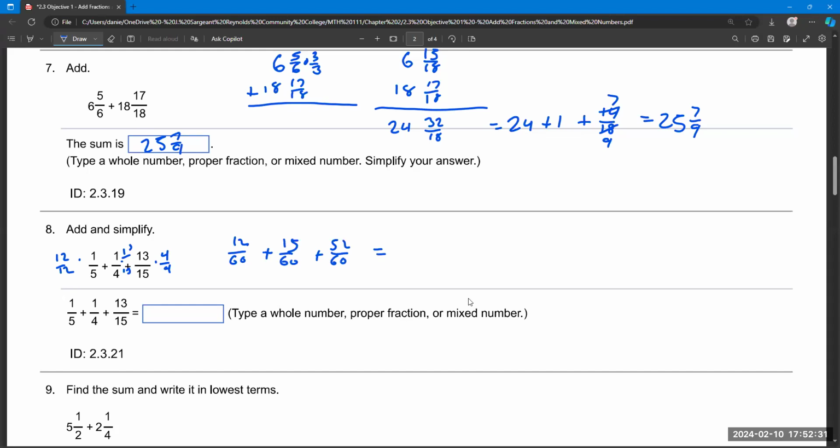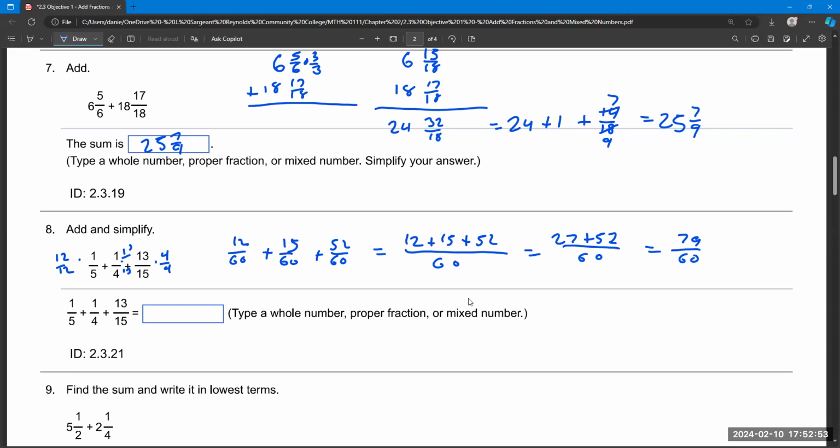It's going to give me 12 plus 15 plus 52 over 60, which is 27 plus 52 over 60, which is 79 over 60.